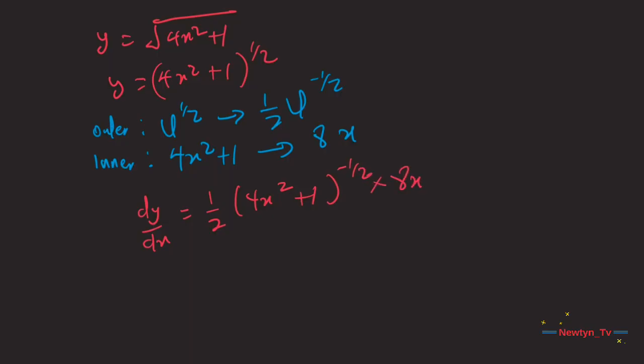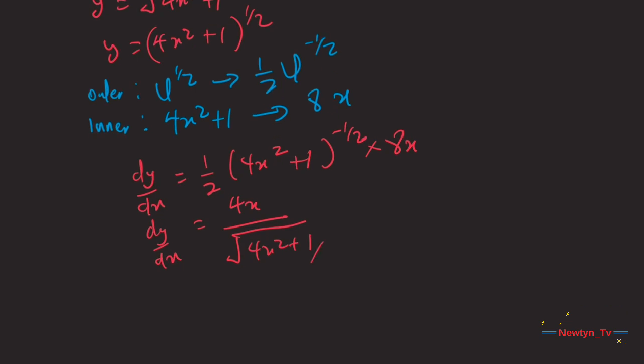Then lastly, we will have dy/dx as 4x over the root of 4x squared plus 1. Because the exponent is negative, we bring it down as an inverse, right? Then we get the answer right here. So this is our final answer for this type of question.